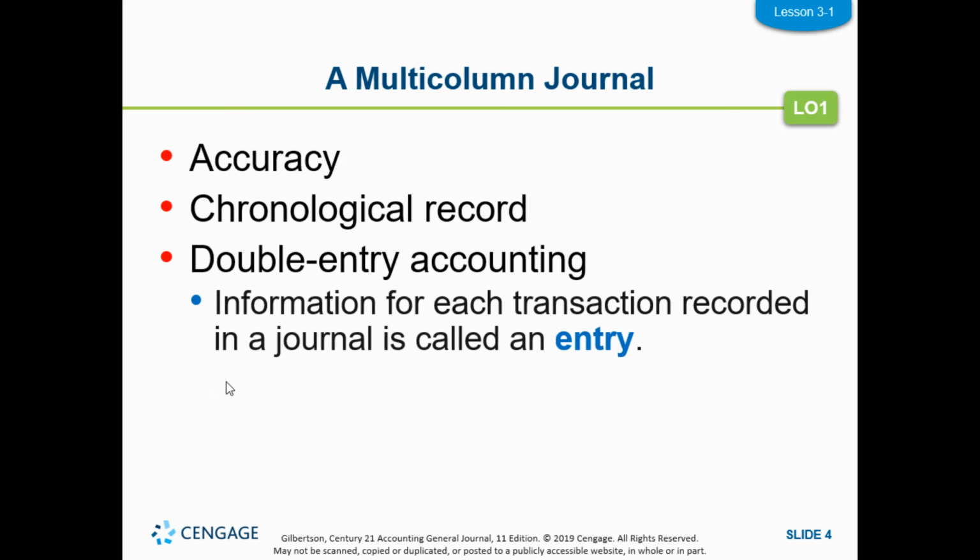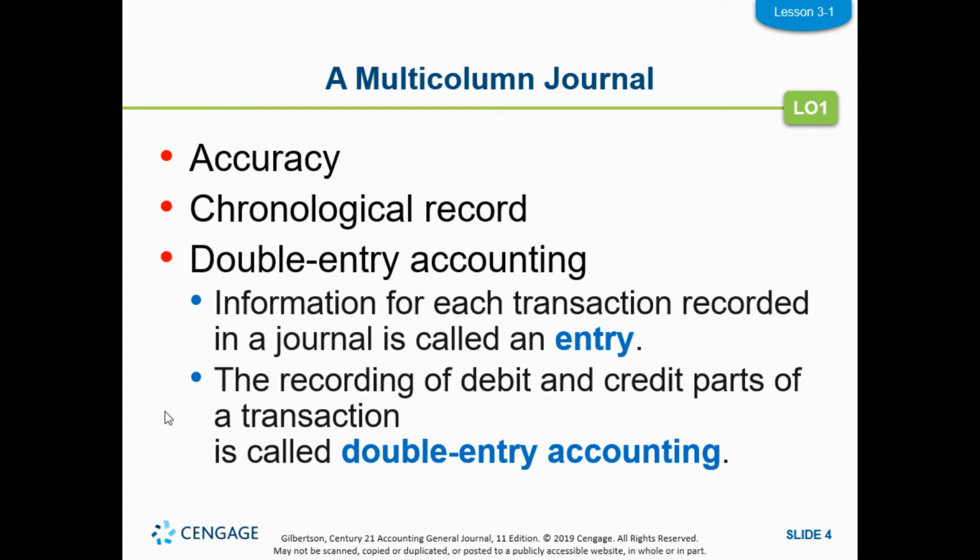Another entry would be the credit part of that, a sales entry or a reduction to cash or something like that. The record of debit and credit parts of a transaction is called double entry accounting, which means for every debit entry we make a corresponding credit entry. There's always going to be at least 2 entries with any transaction in our accounting system.